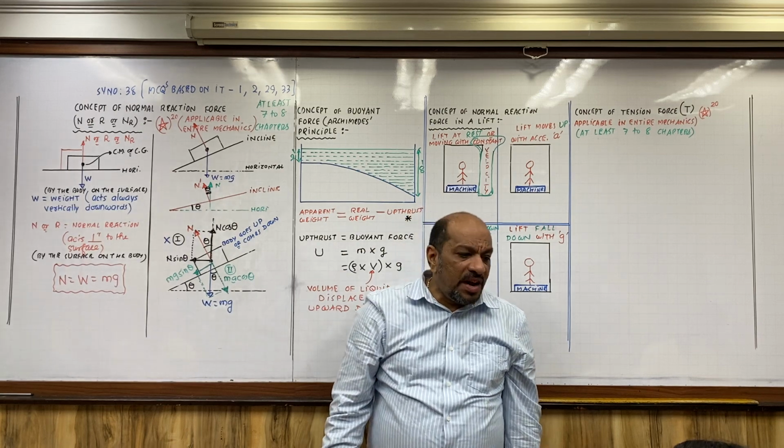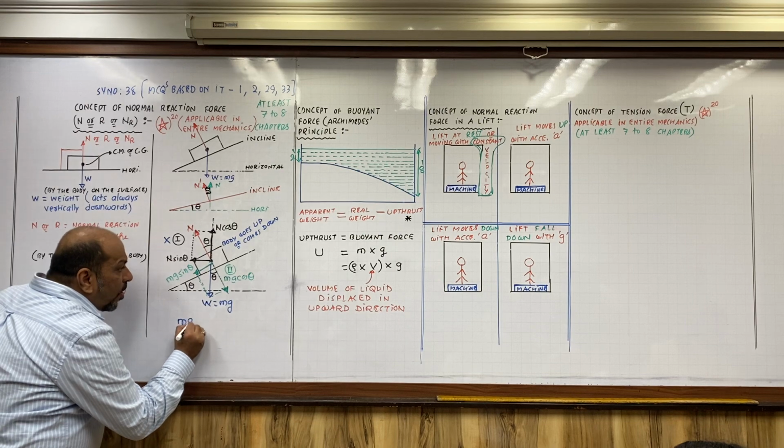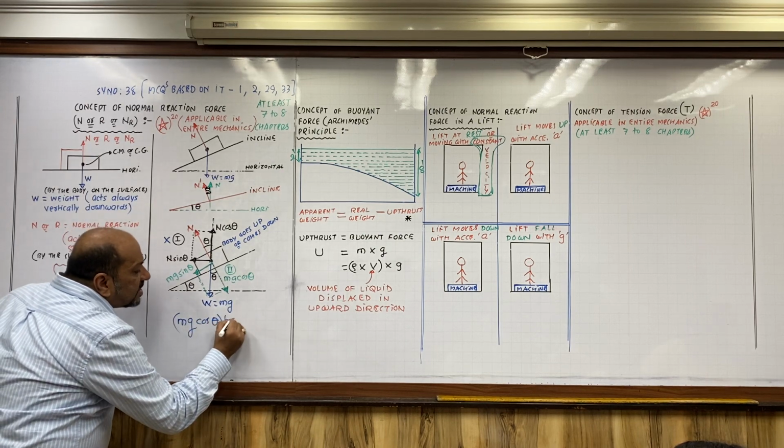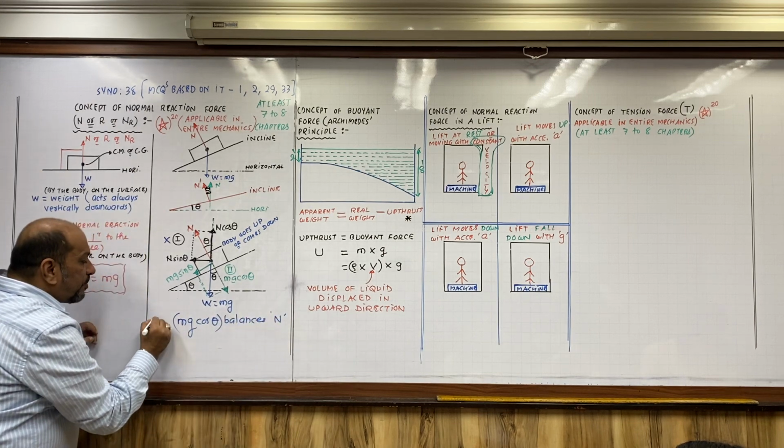Concentrate on the green ones. What is the job of mg cos theta? Come on. What is mg cos theta doing? Mg cos theta is balancing normal reaction vector. Job number 1.